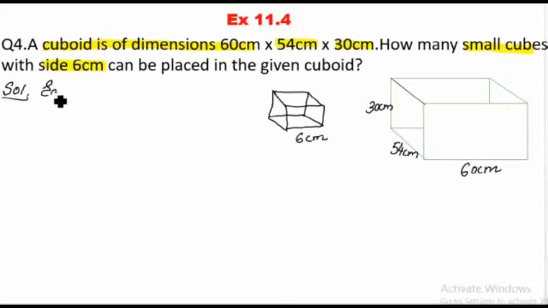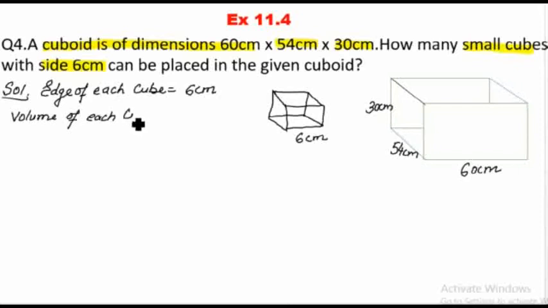So edge of each cube is given 6 centimeter. So volume of each cube, the formula is h to the power 3, or we can write 6 to the power 3, or 6 into 6 into 6 centimeter cube.